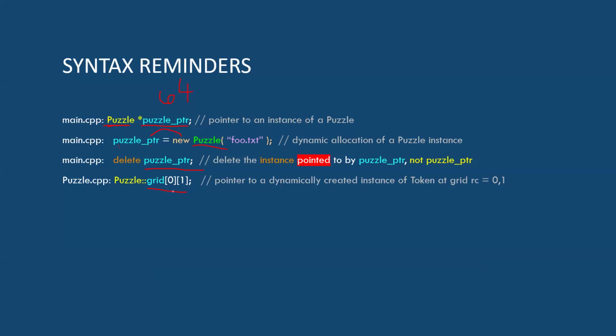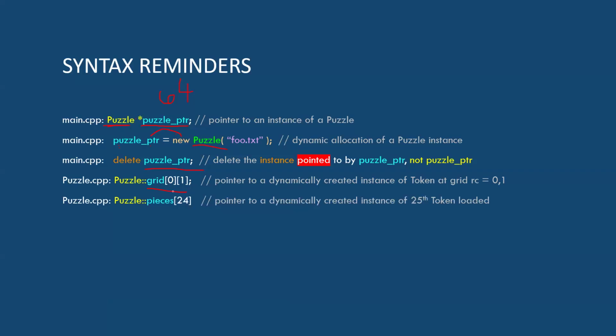So I can say grid 0, 1, arrow, and then whatever one of the data members are of the token to draw that token, okay? So grid 0, 1 just gets me the pointer to the token, and then I can reach inside and maybe pull out one of its data members.